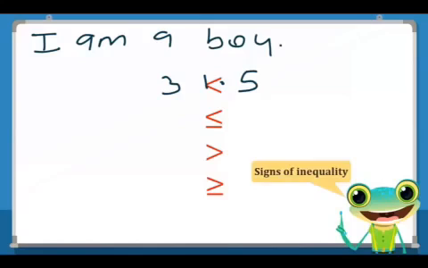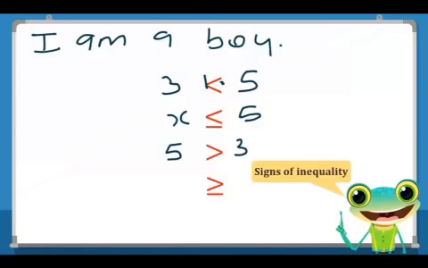Alright? And we could say that x is less than or equal to 5. So therefore we have a variable there, x. Alright? Now we could say also that 5 is greater than 3.